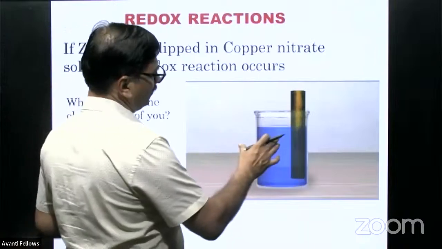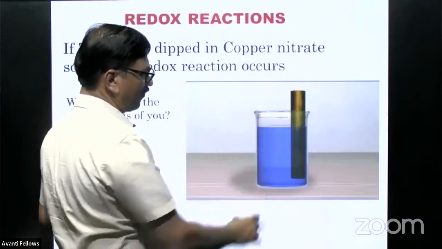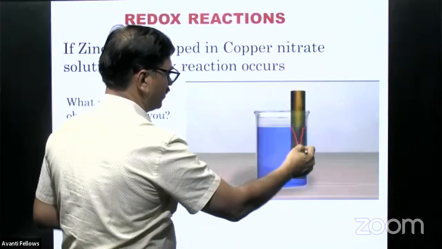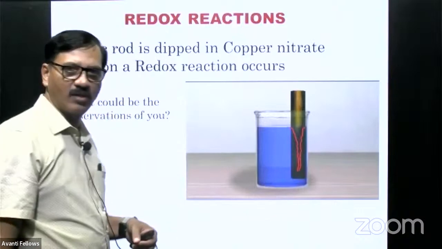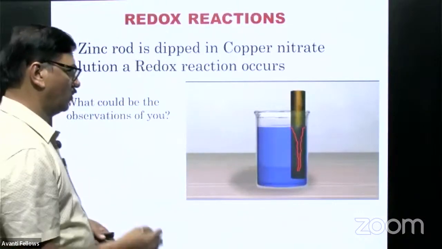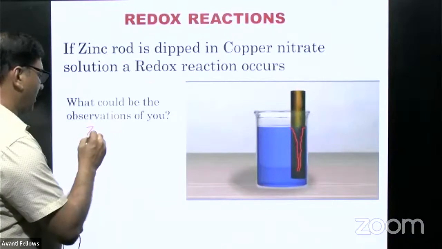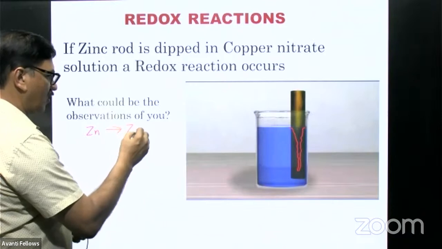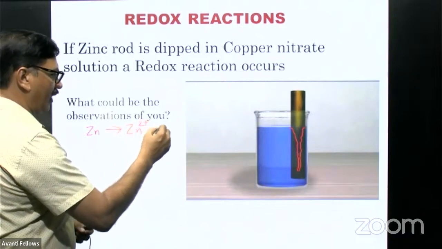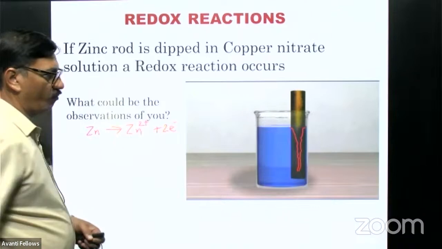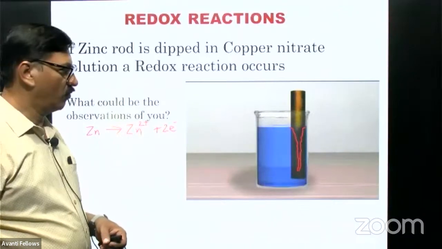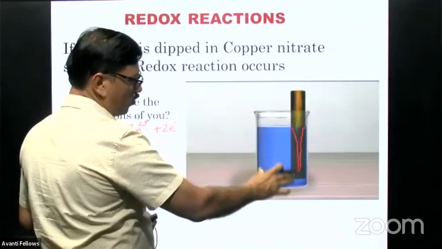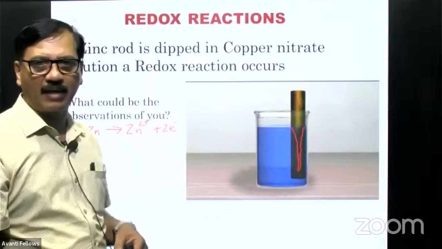You find that this zinc rod dipped in copper sulfate solution gets less and less. Zinc metal becomes less and less, forming zinc ions, which is possible by losing 2 electrons. Zinc metal reacts with copper ion, and the blue color of the copper sulfate fades after some time.